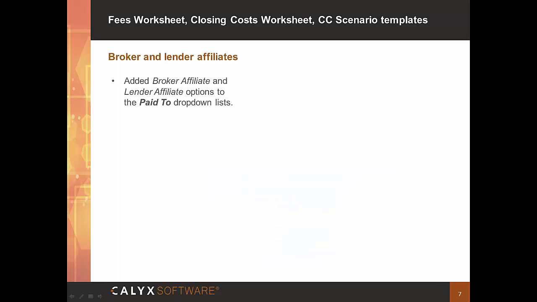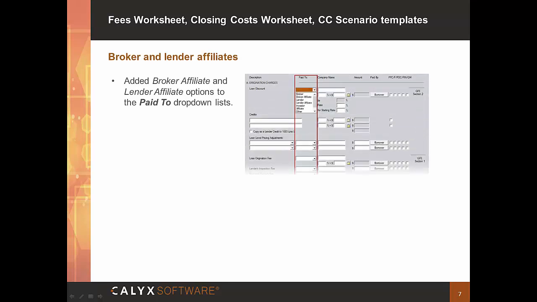Broker and lender affiliates. We added broker affiliate and lender affiliate to the options for the paid to drop down list. These are two new options that are listed there, but they are needed for reporting purposes.